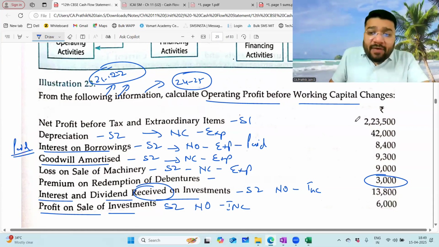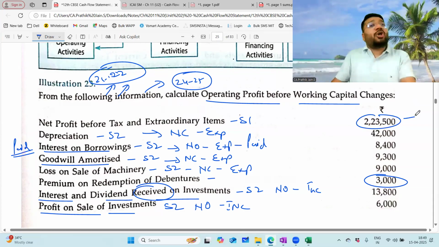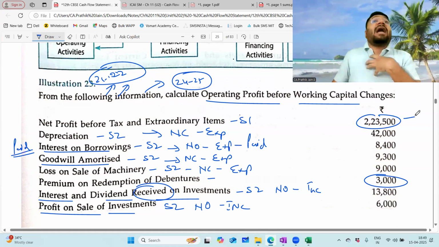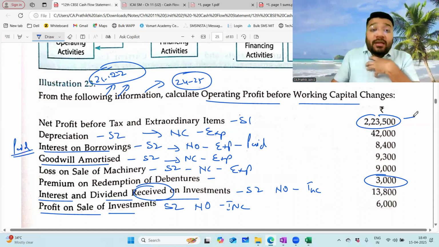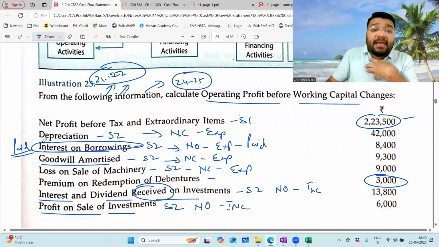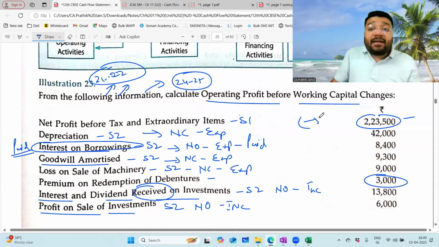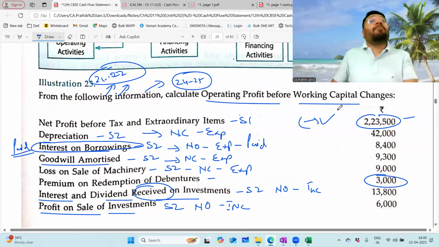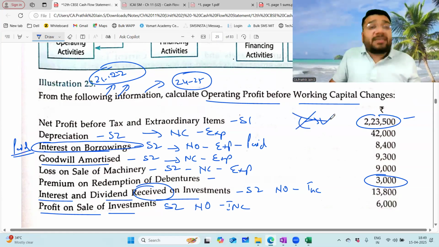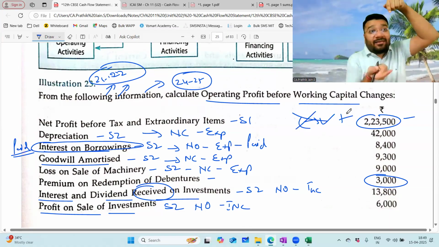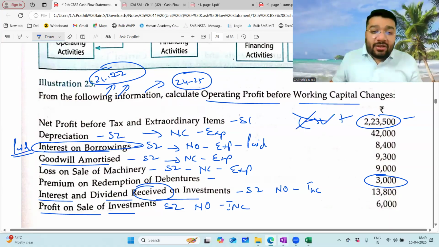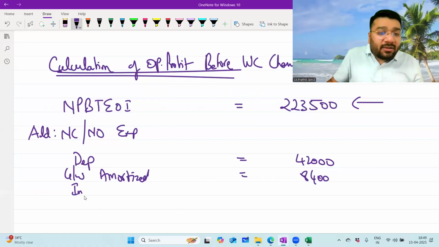In this 2,23,500, it is subtracted. Since it is cash outflow, I'm okay with it. But cash flow statement AS3 says what? This is not belonging to operating activity. This is belonging to financing activity. So what you have subtracted is right, but it is in the wrong place. To cancel this by giving addition and subtract it where? Under financing activity. So now I have to add back interest on borrowing paid.